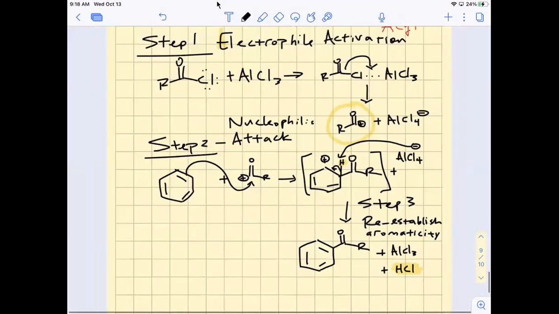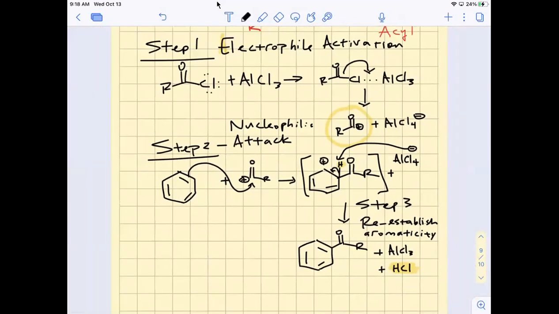Right, same 3 steps. And you have to reestablish that aromaticity because the aromatic system is a highly stable system, so you don't want to break that up. All right, any other questions?